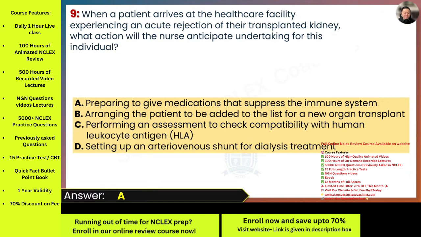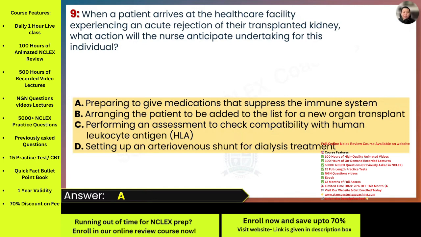Okay? And so the dialysis treatment in option D is a secondary measure if the transplant is unsuccessful, but this is not going to be done as an immediate action for acute rejection.